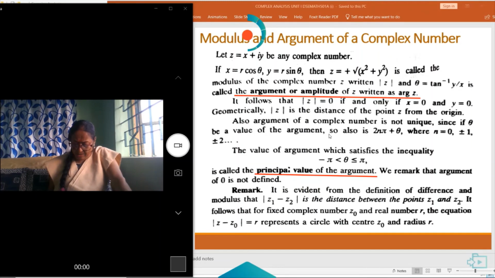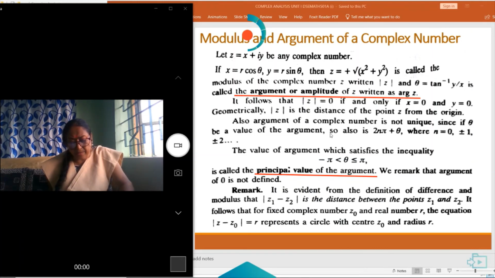Now, √(x² + y²) is called the modulus of the complex number z, written as |z|, and θ = tan⁻¹(y/x) is called the argument or amplitude, written as arg z. So |z| = 0 if and only if x = 0 and y = 0.